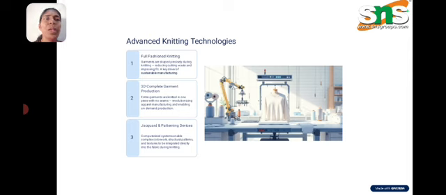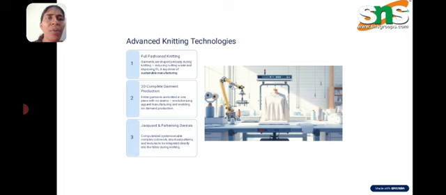Advanced knitting technology. Full fashioned knitting: garments are shaped precisely during the knitting, reducing cutting waste and improving fit.